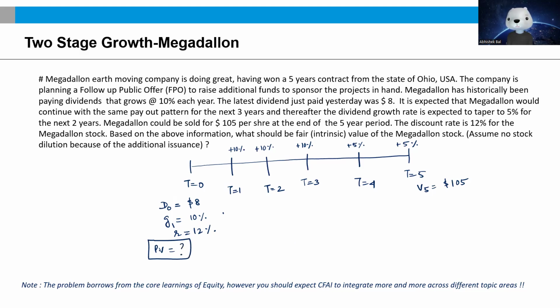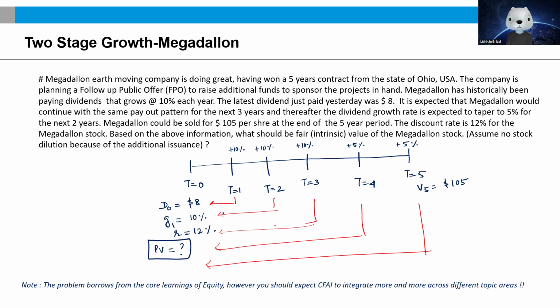All right, so how do we go about it? Let's understand a few things. We obviously will have to plan all the cash flows. We have to discount each of these cash flows. That's the key.